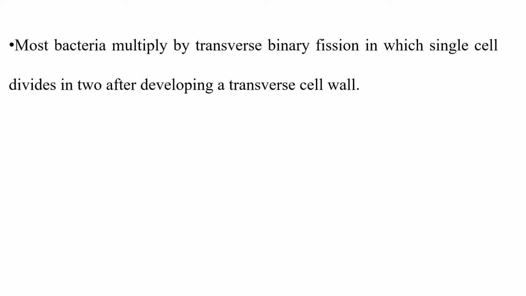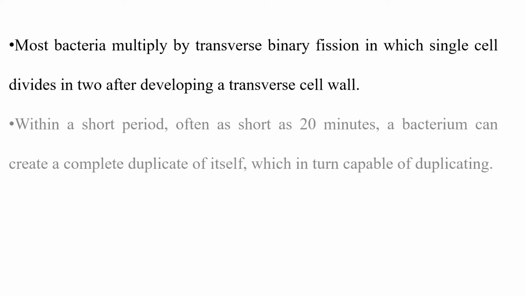As you already know, bacteria divide by the process of binary fission, where a single bacterial cell gives rise to two cells after developing a transverse cell wall. A bacterium can completely duplicate its cells in a very short period.